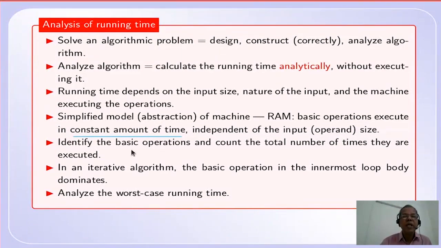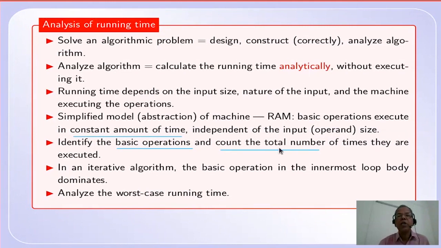We have to identify the basic operations, the constant time operations done in the algorithm, and count the total number of times these basic operations are executed. In an iterative algorithm, the basic operation in the innermost loop body dominates.